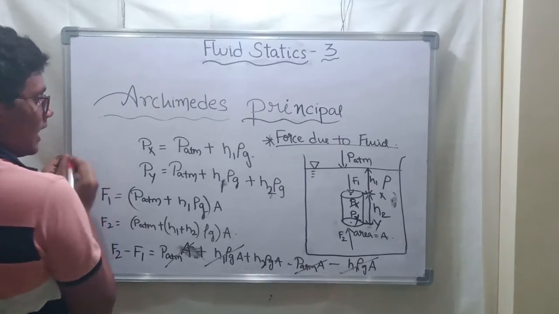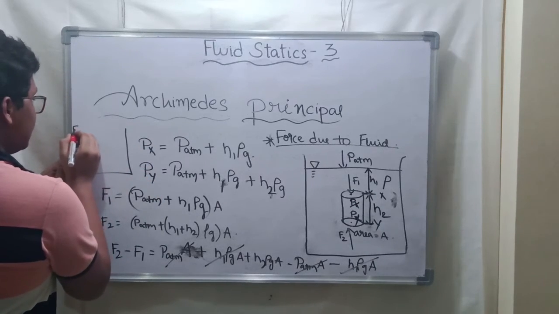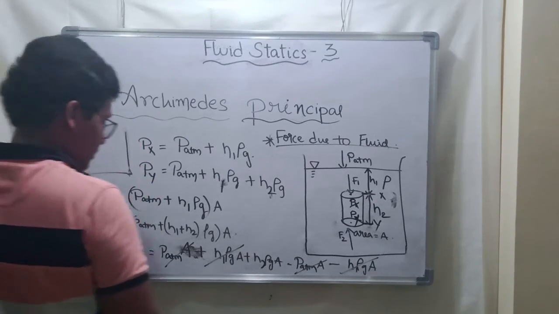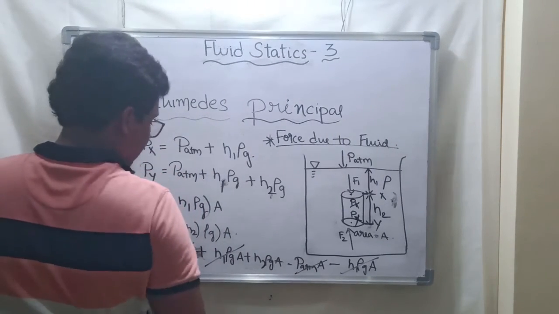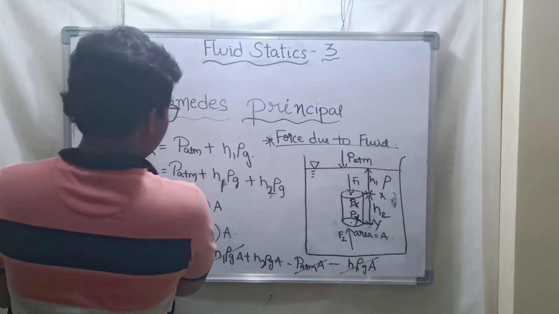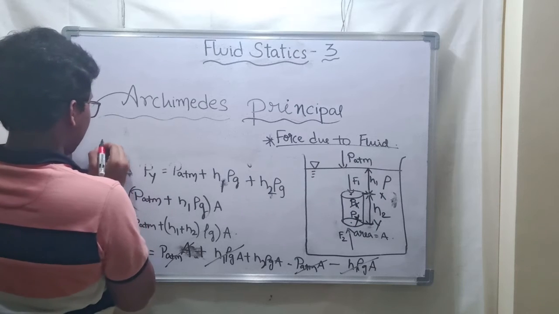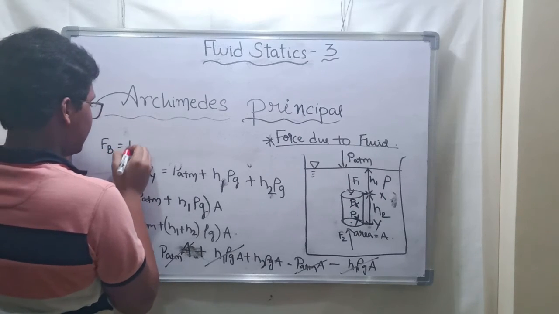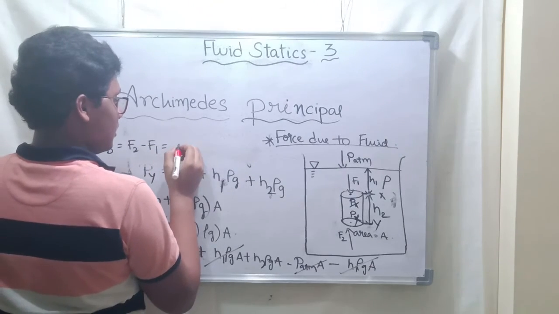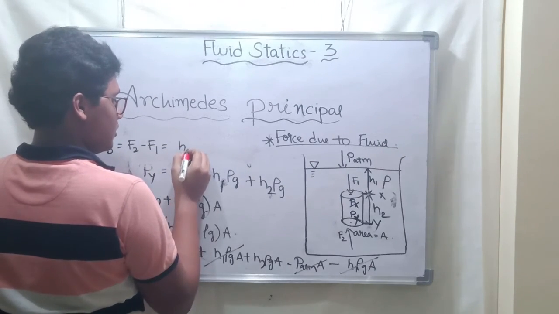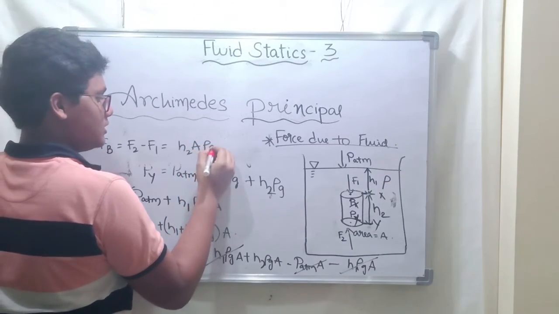So the force of buoyancy is F2 minus F1, which is equal to h2 into area into rho g.